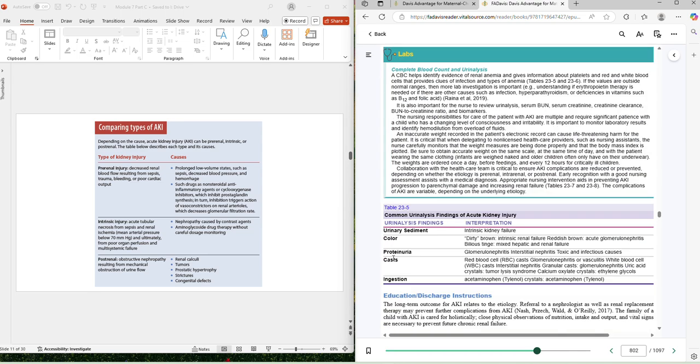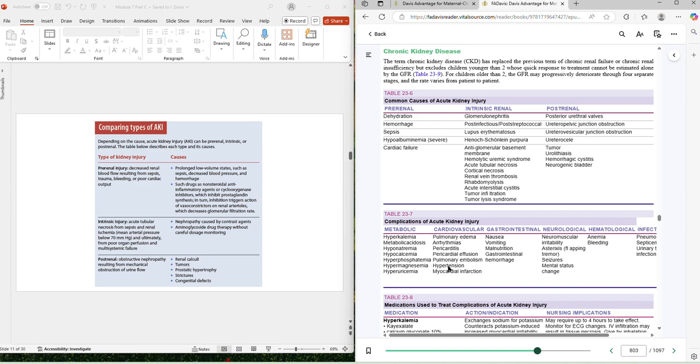Let's look at table 23.6 on page 803. So intrinsic is our intrarenal, right? It's important for you to know this. And then I want you to add one to the bottom of this for intrinsic renal injuries, some common causes. Winks and lollipops, I want you to add one that's aminoglycoside antibiotics.